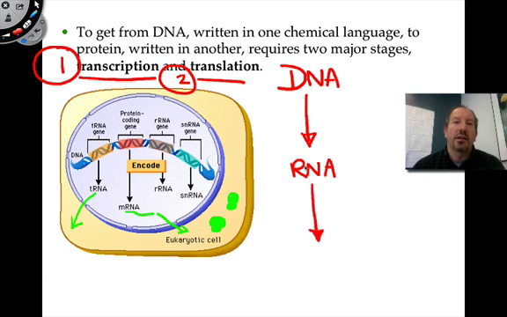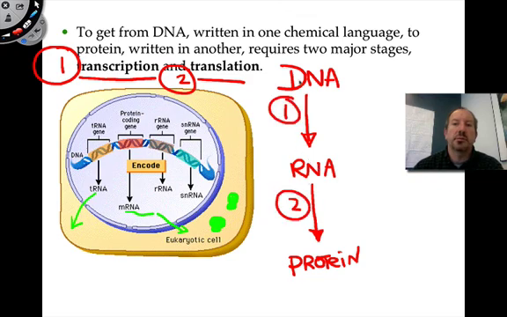In other words, when you use the word translation, you usually talk about if you're translating English to French or something like this. You're switching from a nucleic acid to a polypeptide. So this is clearly a translation, to go from a nucleic acid to a polypeptide. So this is translation.